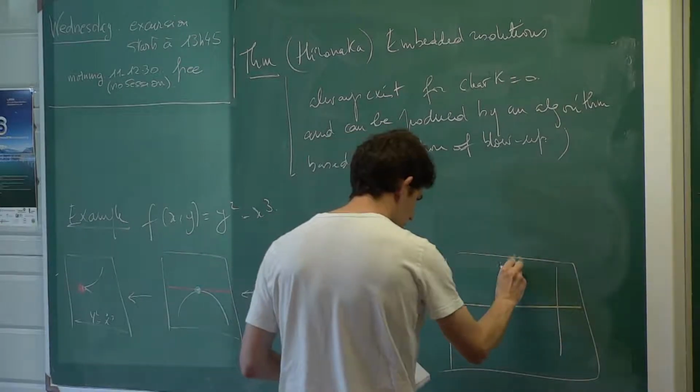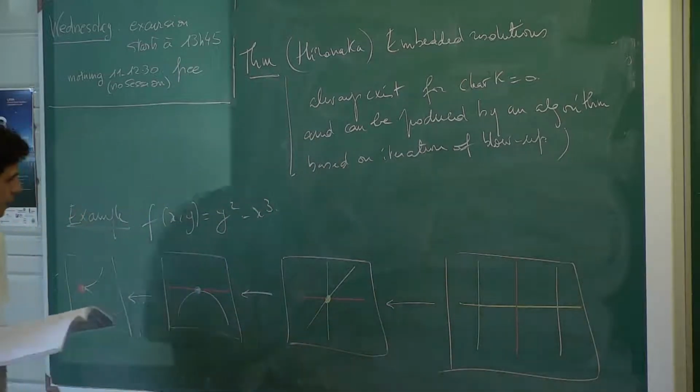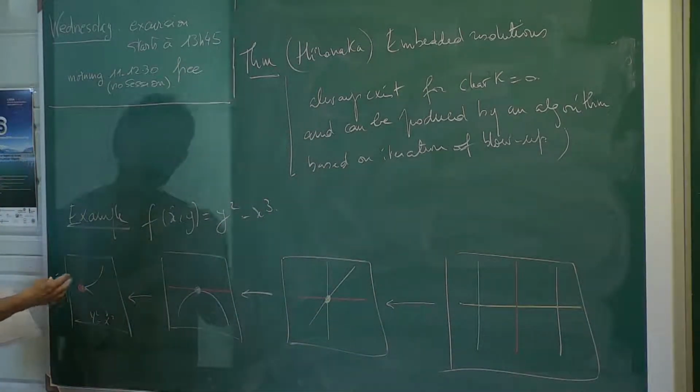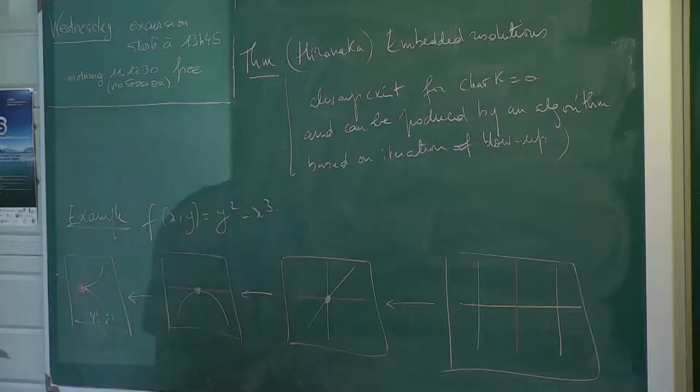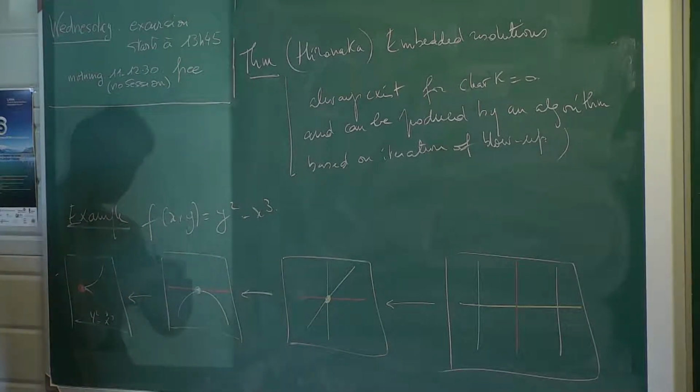You have this. Okay, so you can understand this algorithm of Brouwer just by thinking about tangency. Here you have an important condition of tangency.